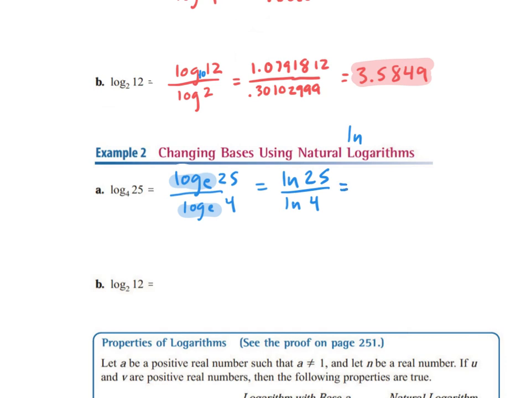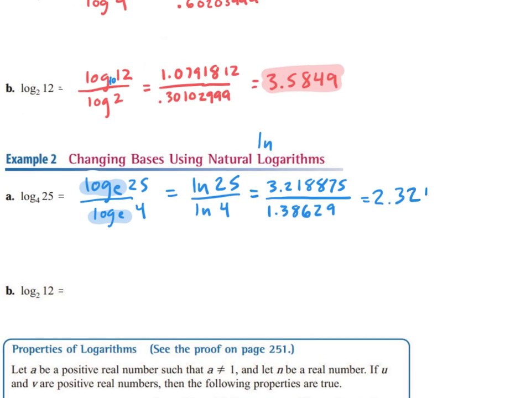So now we can put this into our calculator. ln of 25 would be 3.218875, and then the ln of 4 is 1.38629. 3.218875 divided by 1.38629, and that is 2.3219.